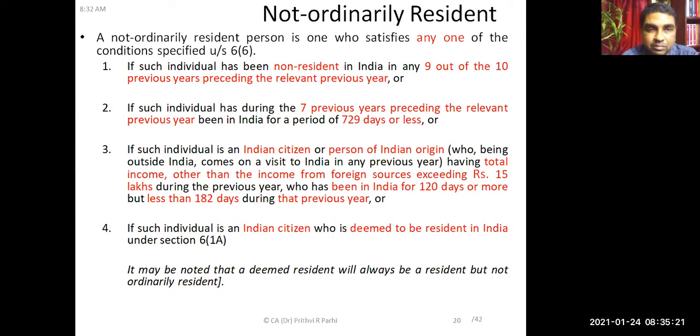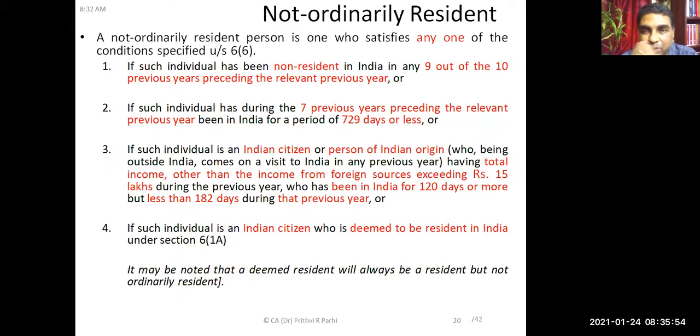If such individual has been non-resident in India in any 9 out of the 10 previous years preceding the relevant previous year. So, first of all, we have to know what the assessment year is here. We are referring to assessment year 21-22. Then what is the relevant previous year? 2021.